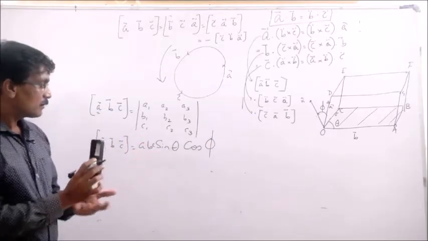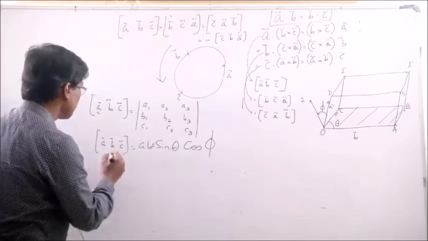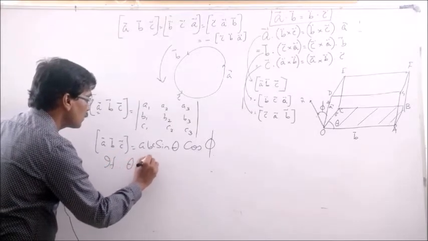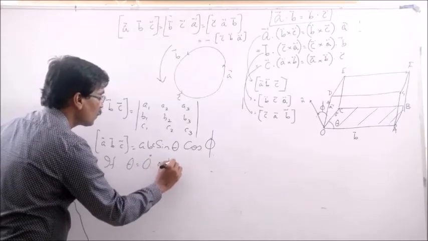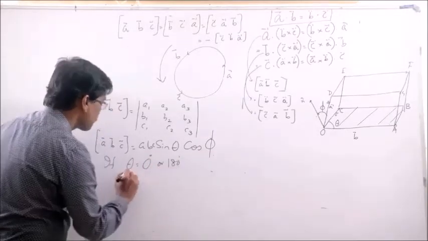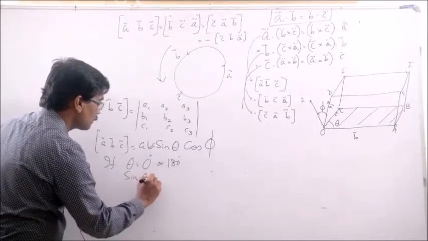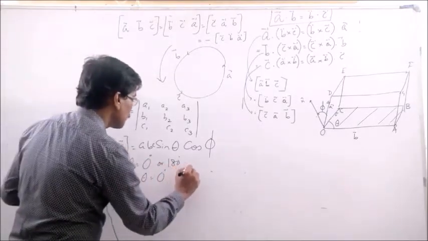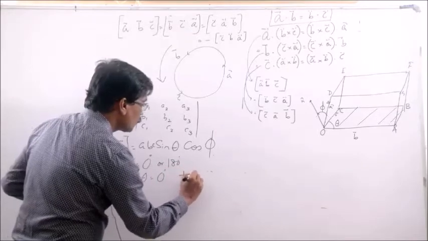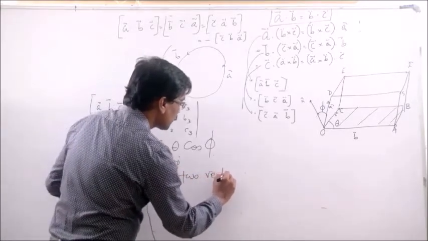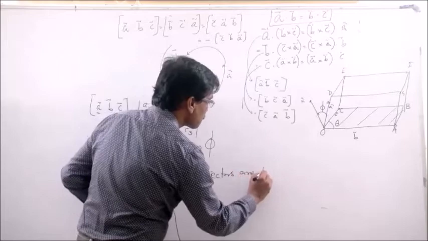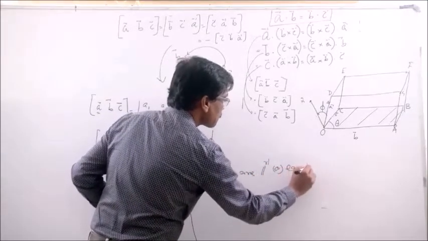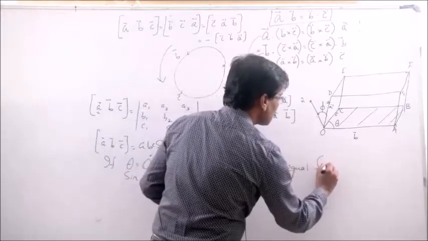So, the next question is, if theta is equal to 0 degree or 180 degree, sin theta is equal to 0. So, that means if two vectors are parallel or equal, scalar triple product is 0.